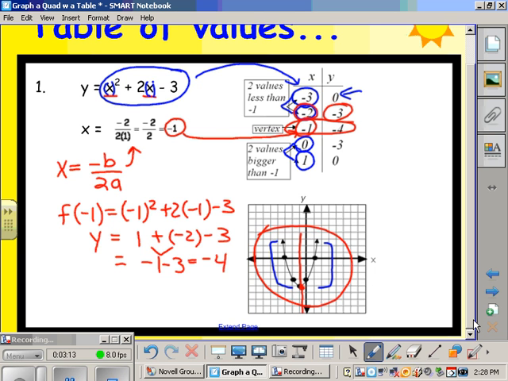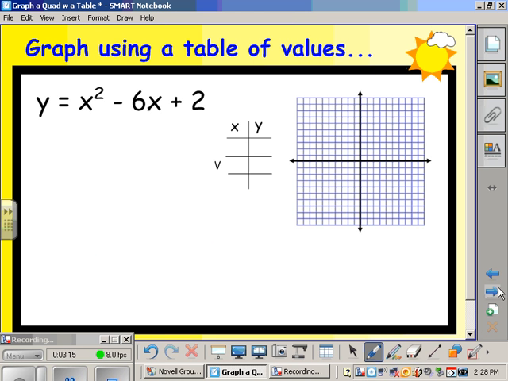Okay, so let's actually walk you through a problem from start to finish. So here we have y equals x squared minus 6x plus 2. So the first thing you want to find is the vertex. So we're going to use x equals -b over 2a, which is the formula for the x value of the vertex. So we need to identify a and b for this.